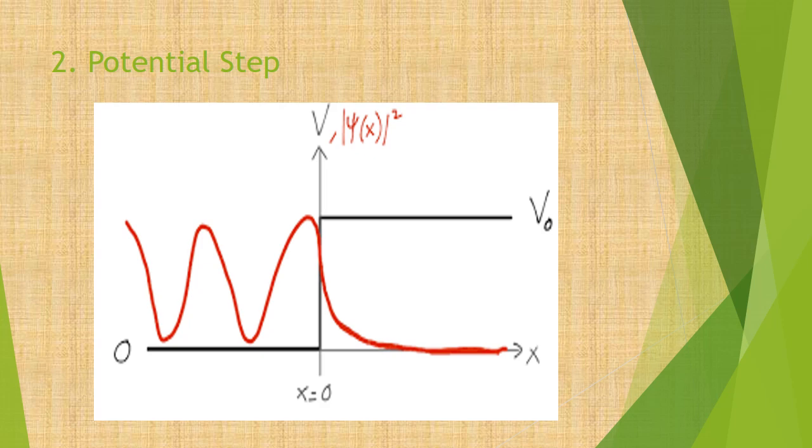In case 2, E less than V naught, P2 equal to root of 2m into E minus V naught is imaginary. Here the transmittance will be 0, reflectance will be 1. So this is the potential step.